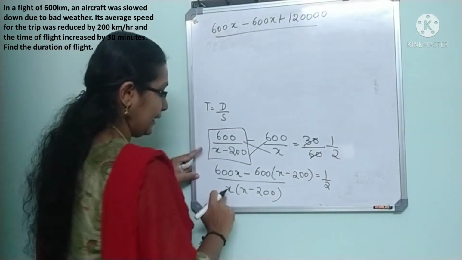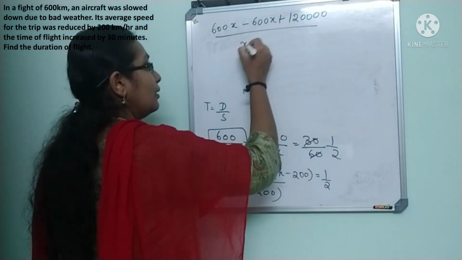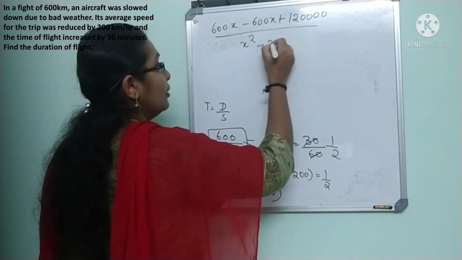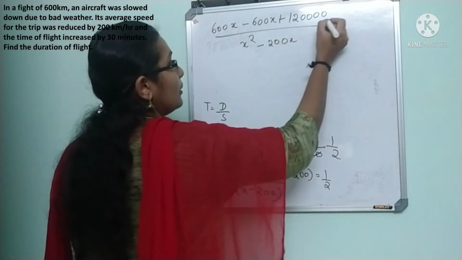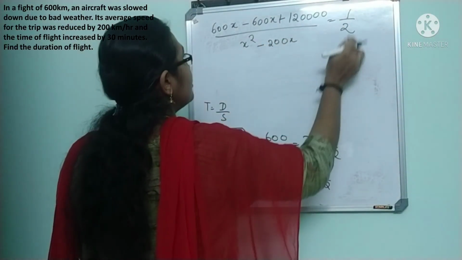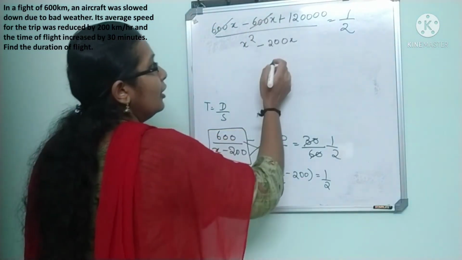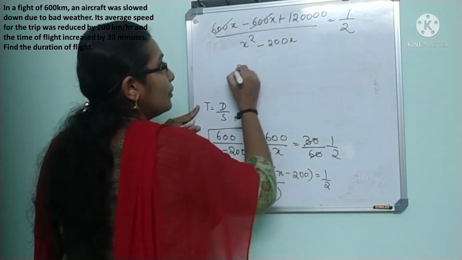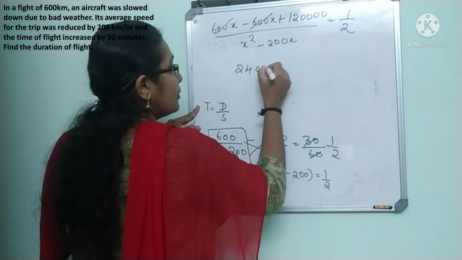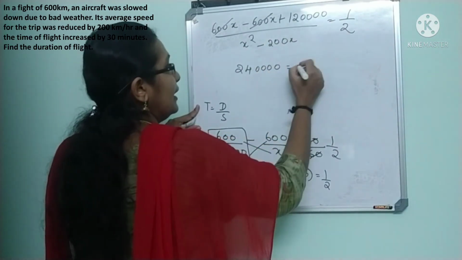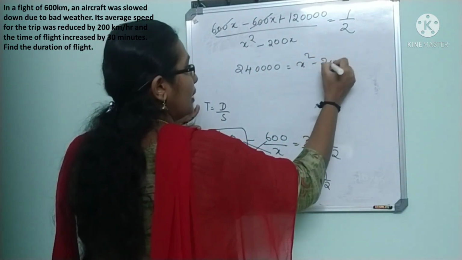Divided by x into x, x square minus 200x, is equal to 1 by 2. So you can cross multiply. So 12 2s are 24 followed by 4 zeros, which is equal to x square minus 200x.